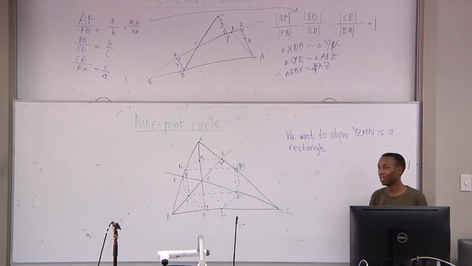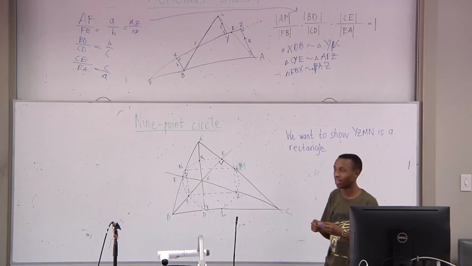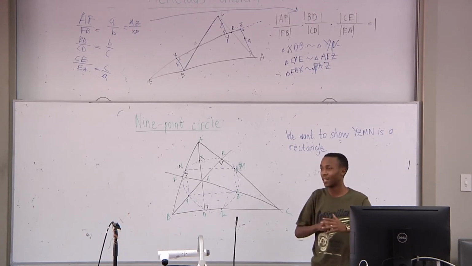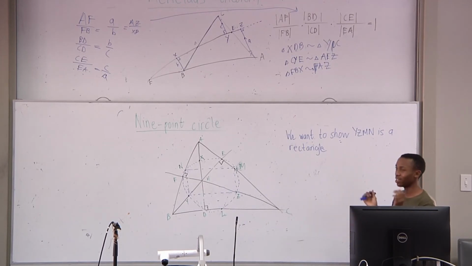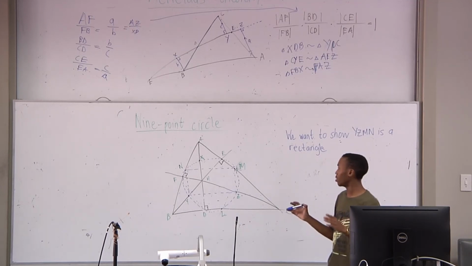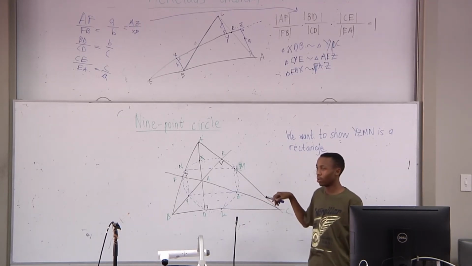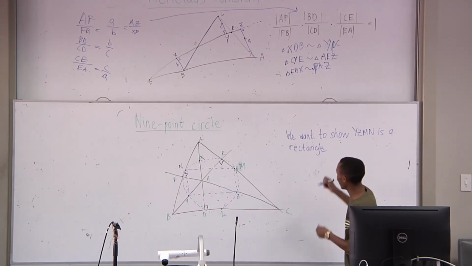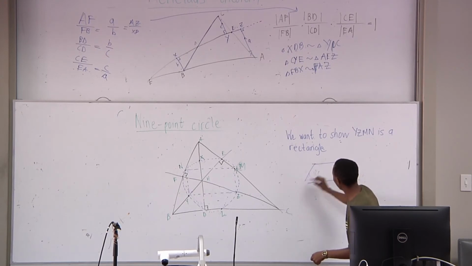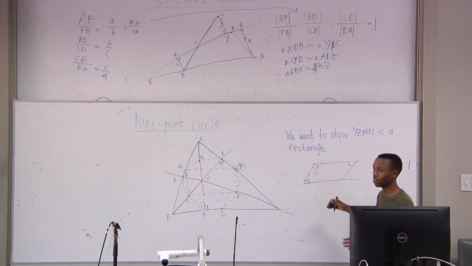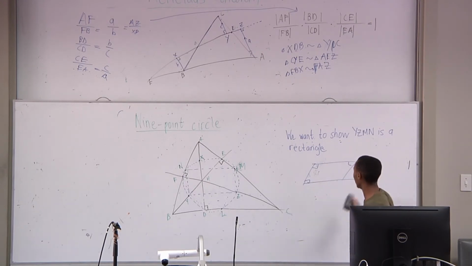Any ideas on how to do that? How do you usually prove that something is a rectangle? Prove the 90-degree angles. Okay, so we have to show that one of the angles is 90 degrees. If we have that and we have that, it's a parallelogram, therefore it's a rectangle. That would be parallel to that, and if one of them is 90, then that has to be 90. So that would be a rectangle. That's what we're going to do.